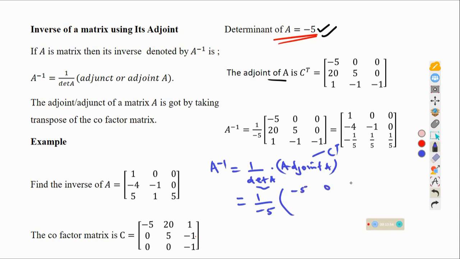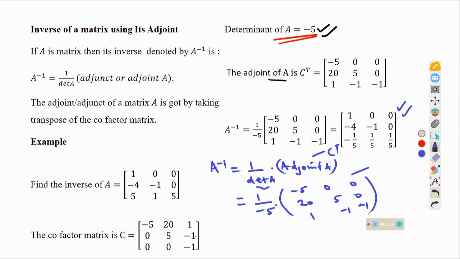-5, 0, 0, 20, 5, 0, 1, -1, and -1. So this is our adjoint. Multiply the two: multiply 1 over -5 to each of these entries, and we should be able to get this matrix here. So -1 over 5 times -5, we should be able to get 1.